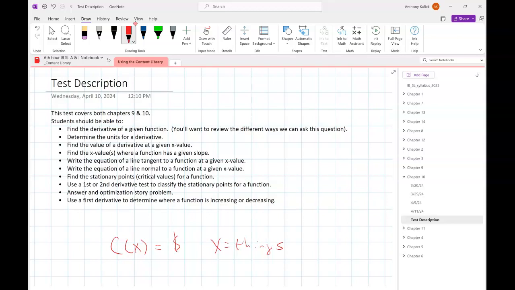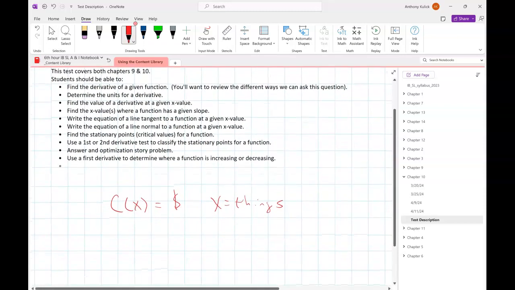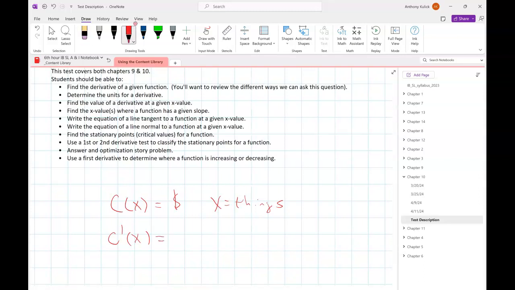So it's like a cost function, like how much does it cost to produce 10 things? If I do the derivative, what's the unit going to be? Yeah, very good. Dollars per thing. Where the unit of the x is going to be the per on the y.